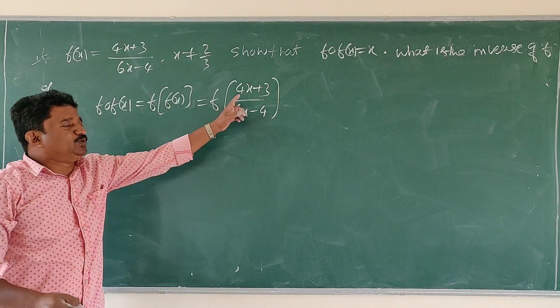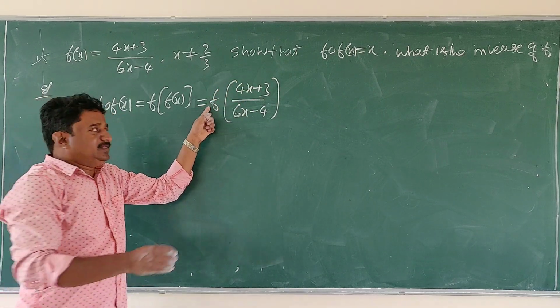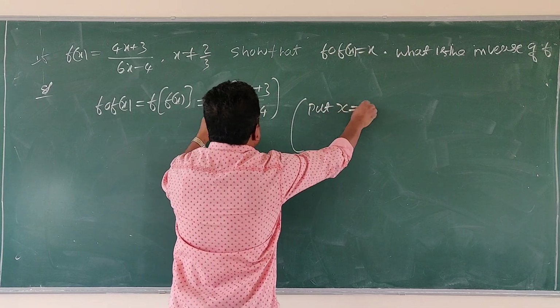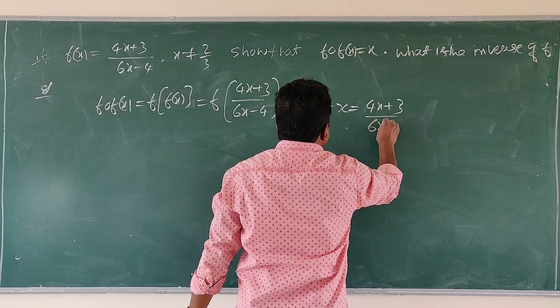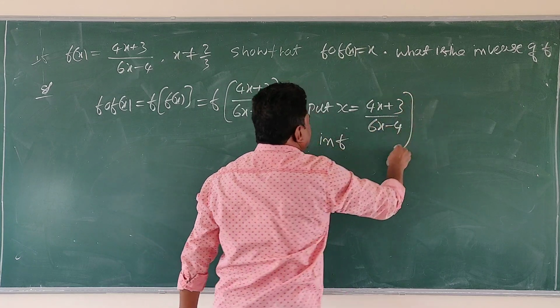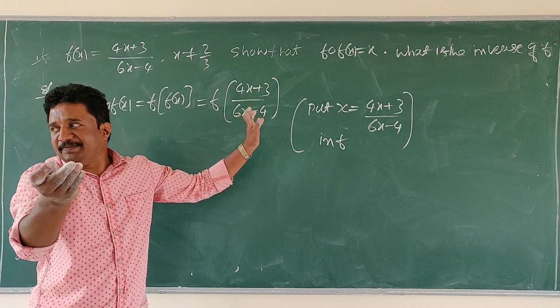Now you put this quantity in f, that is, put x equals 4x plus 3 by 6x minus 4 in f. This you know very well, we have solved so many problems of this type.